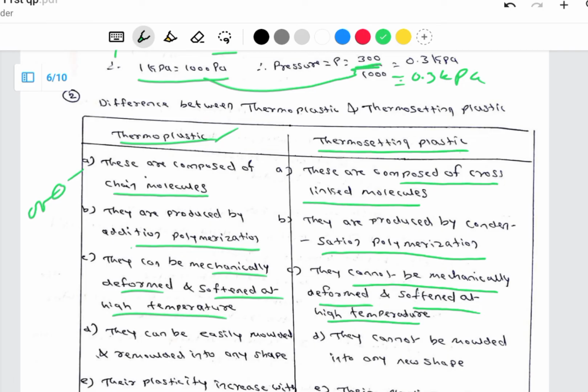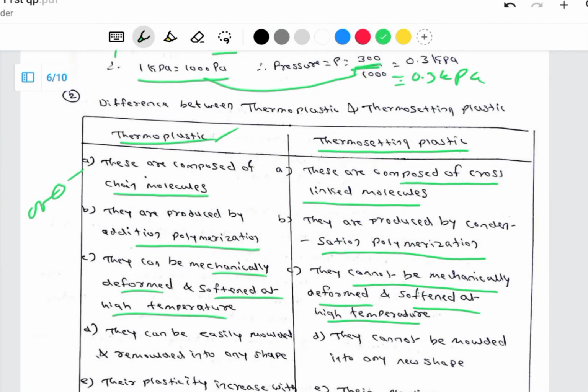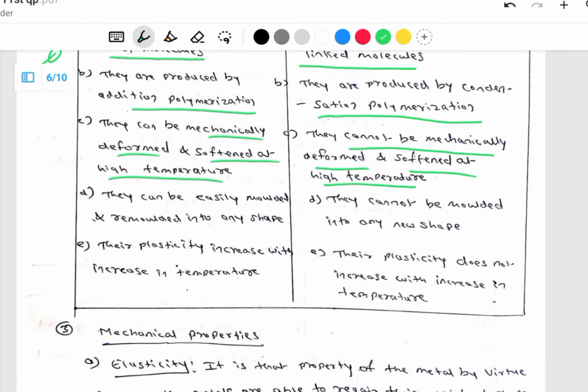Either it will break or the shape will remain as it is. So that's why thermosetting plastic is used as a fire resistant material, and thermoplastic is used just as a common plastic. Wherever there is a possibility of catching fire, thermosetting plastic is used to avoid it.